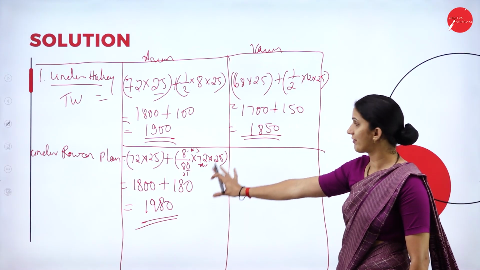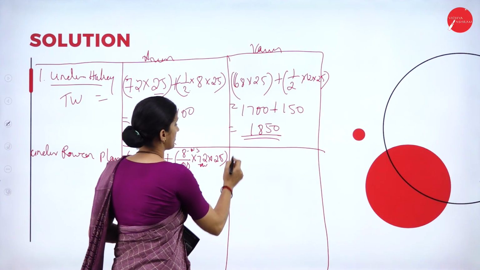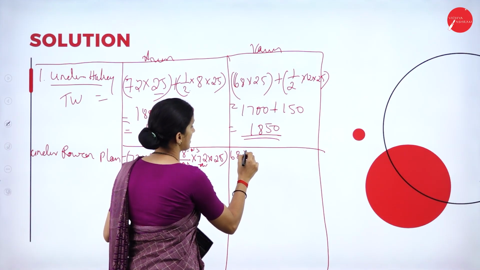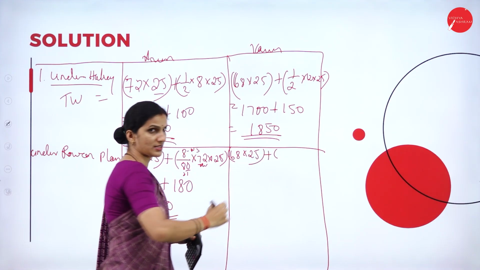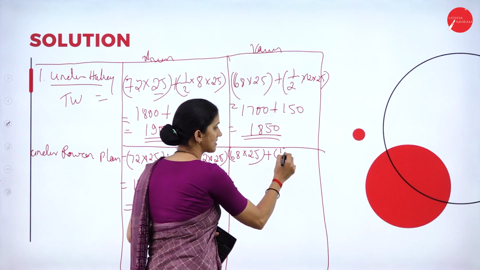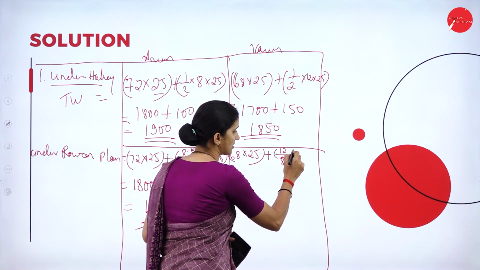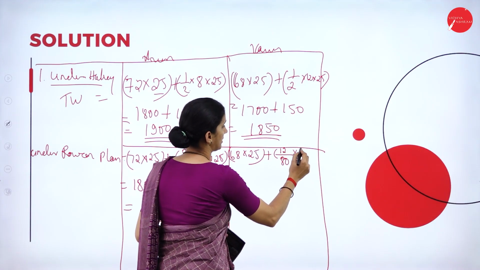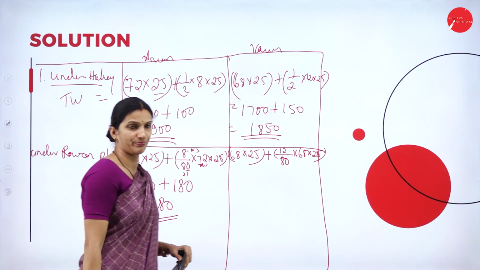Again in the same way we will calculate for Varun also. Their rate per hour is the same, 25, only the hours worked, 68, and the bonus calculation are different. For the bonus calculation you take hours saved 12 divided by standard time 80, into hours worked by him, 68, into rate per hour 25.